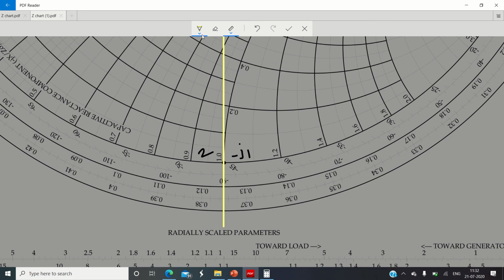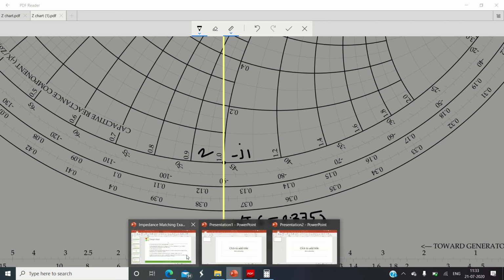So here I will write what is the WTG value. So at point number 2, the WTG is equal to, say, it is clearly between 0.37 and 0.38. 0.37, 1, 2, 2 and a half, 0.372, 0.374, 0.375 approximately, 0.375 lambda.